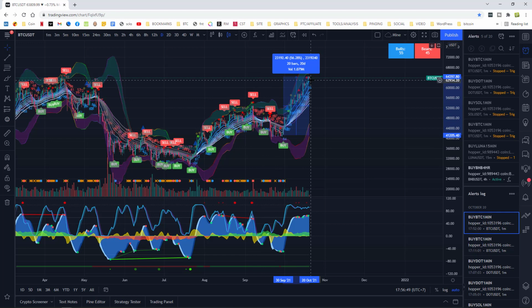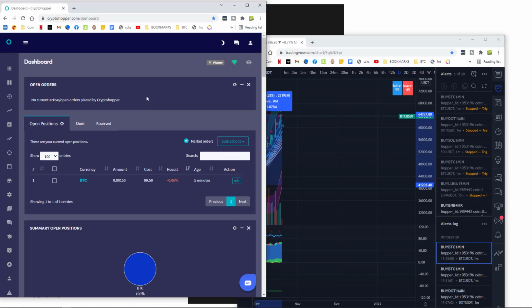See, it's not had a sell signal yet, and this is a good way also to find the top of a bull run, or at least a leg up on a wave. Anyway, I don't want to waffle too much. That's how you do it, and it works exactly the same on every single time frame.